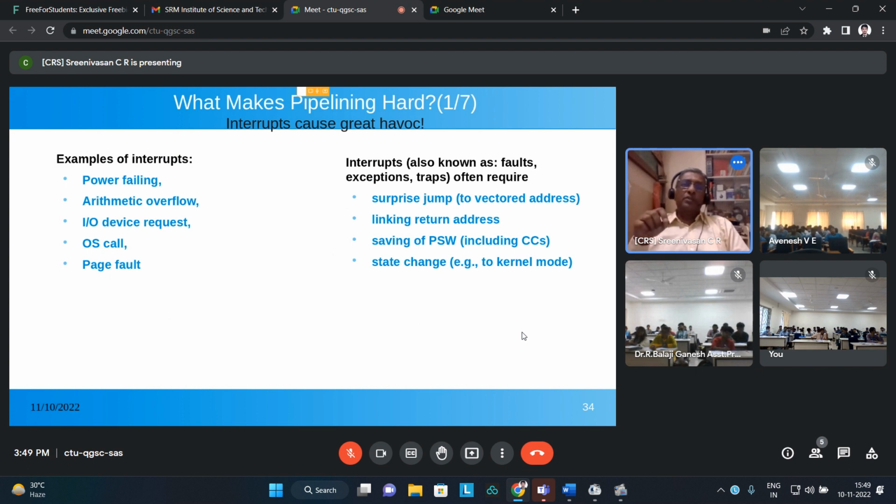There are interrupts generated from read-write devices like hard disks, printers, which are connected, or other devices which are connected within the computer system. Some examples of interrupts are power failing, arithmetic overflow if there is a wrong instruction, an IO device request pending for printing or something like that, or an OS call.